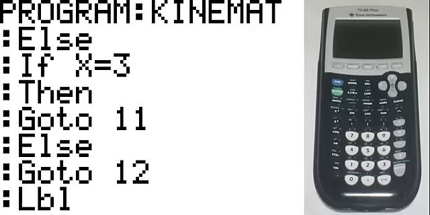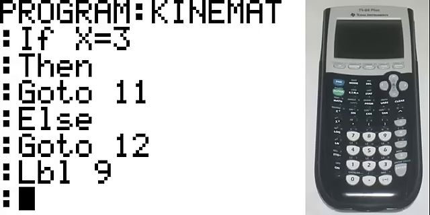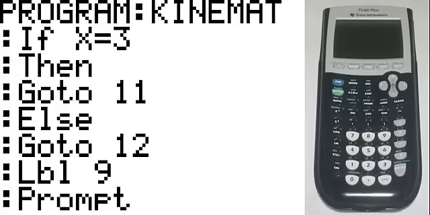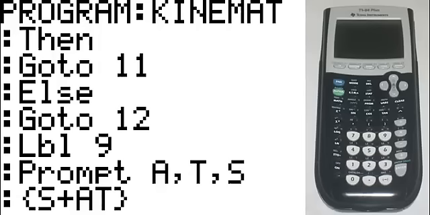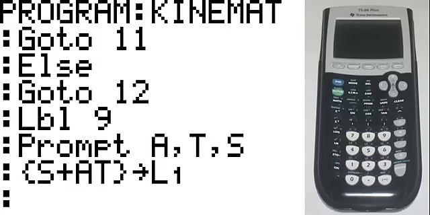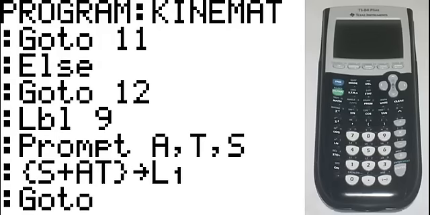And then label 9. Here we're going to prompt the variables a, t, s. Start squiggled parentheses, s plus at, end the squiggled parentheses. That goes to L1. Go to theta.